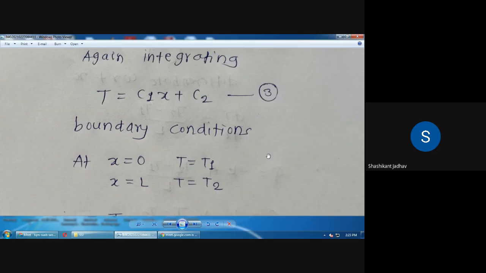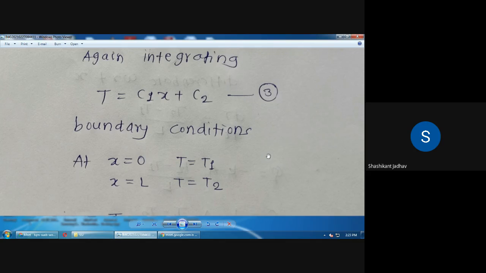So put these boundary conditions into the equation. At x is equal to 0, T is equal to T1. Put this first boundary condition, then we get the value of one constant, that is C2 is equal to T1. Then again we have to put the second boundary condition, at x is equal to L, T is equal to T2.